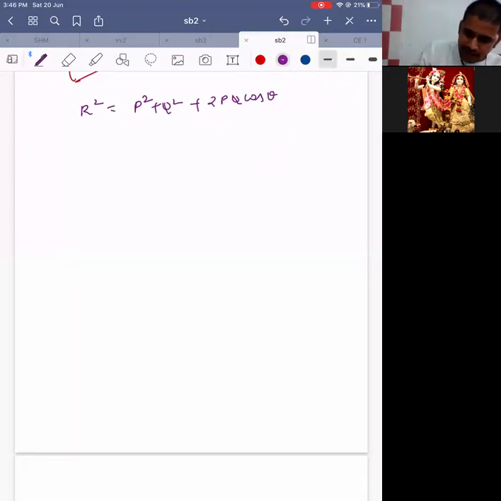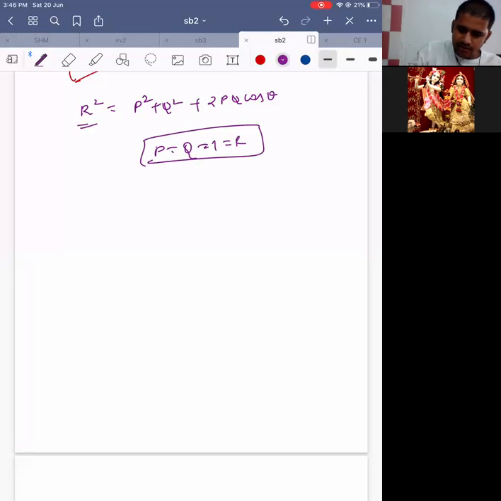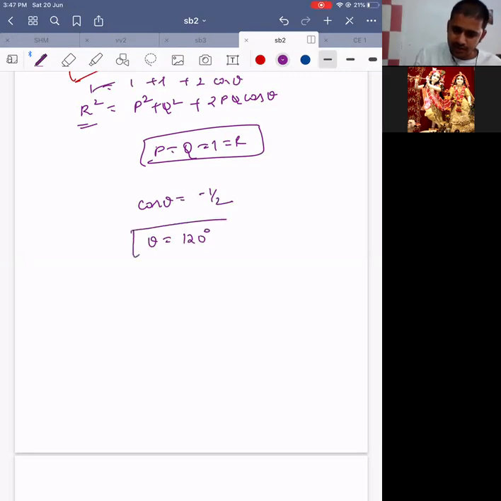The unit vectors P is equal to Q is equal to 1, and the resultant R is also equal to 1. So 1 is equal to 1 plus 1 plus 2 cos theta, so cos theta is equal to minus 1 by 2, and theta is equal to 120 degrees.